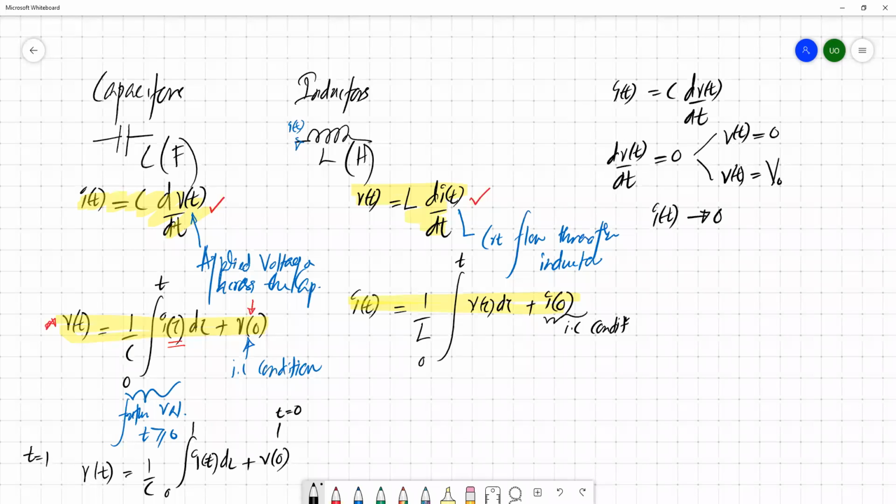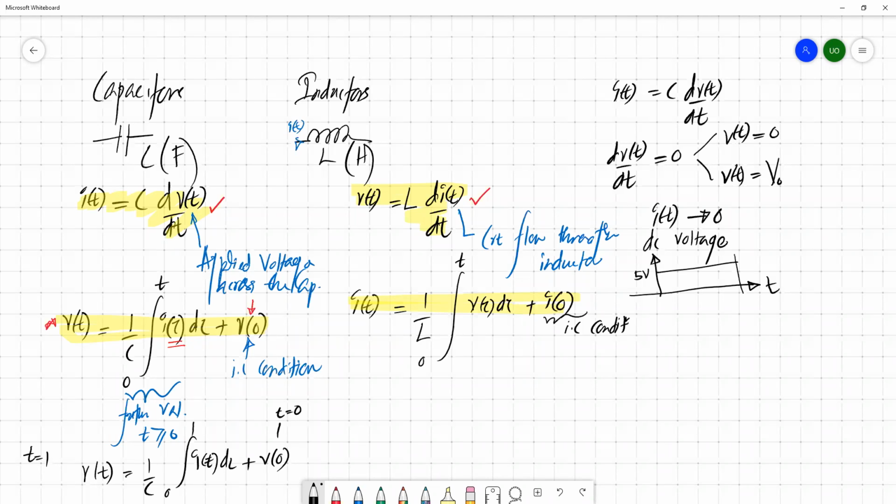From this, we can argue that if you apply a DC voltage, the DC voltage looks like this. This is your time axis, and this is your DC voltage, like 5 volts. Whatever voltage appears across this terminal is fixed and constant throughout the time we are interested in.